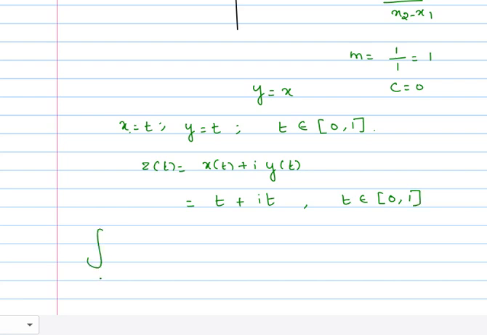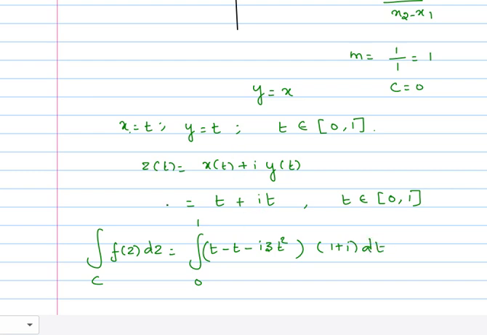So the integral over C of f(z) dz is the integral from 0 to 1, because my a is 0, b is 1, of f(z), which is y minus x, that is t minus i times 3t squared, times z prime of t, which is 1 plus i, dt.